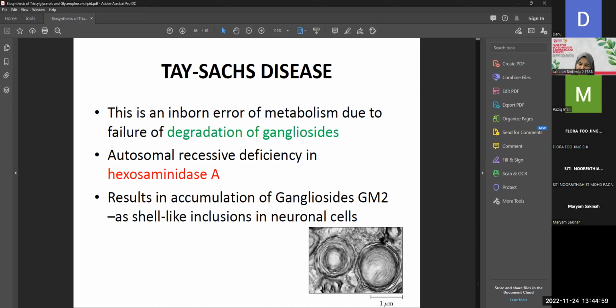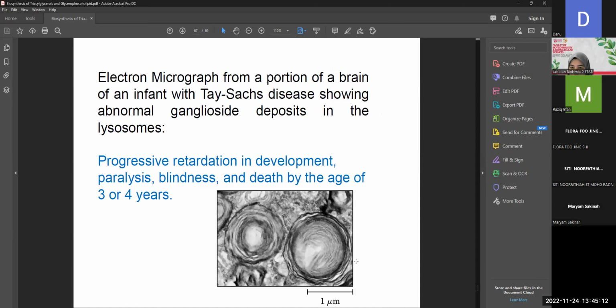It is autosomal and involves mutation of a gene, which leads to deficiency of the enzyme. There are shell-like inclusions in neuronal cells. This is the electron micrograph: abnormal ganglioside deposits in the lysosome. It will lead to retardation in development, paralysis, blindness, and death by the age of 3 or 4 years.